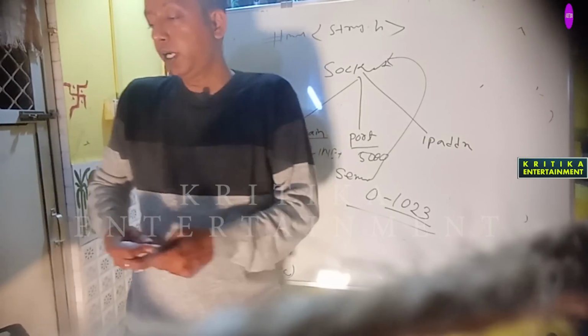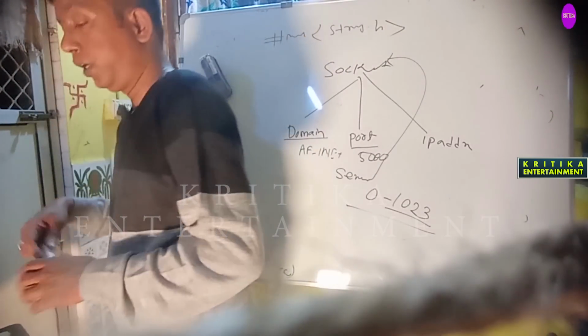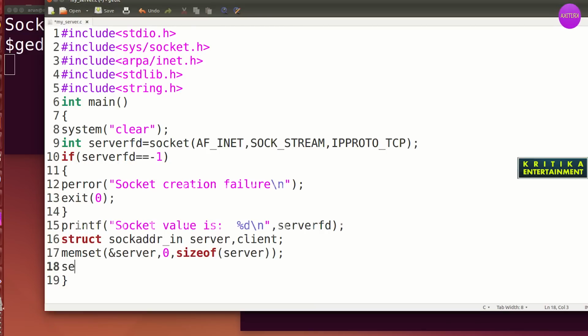So here I will write the program. server.sin_family is equal to AF_INET. Next, server.sin_port is equal to htons.